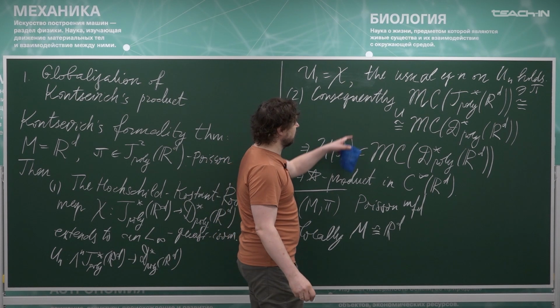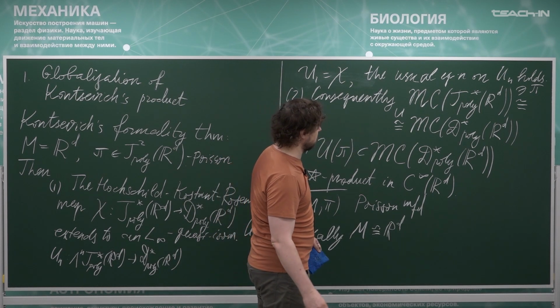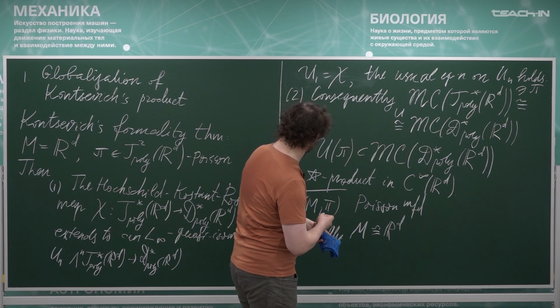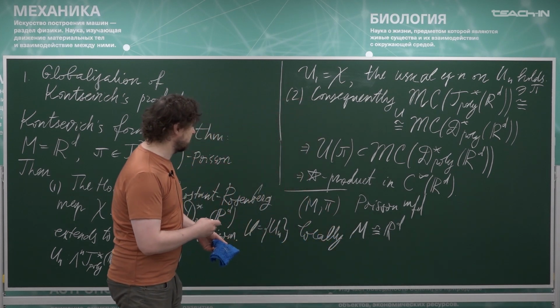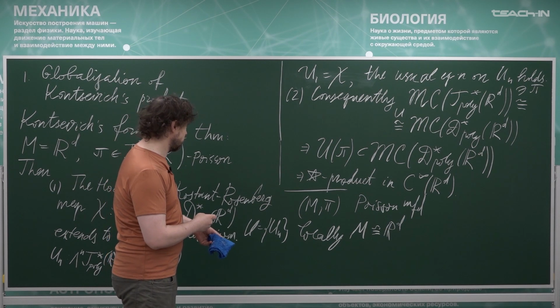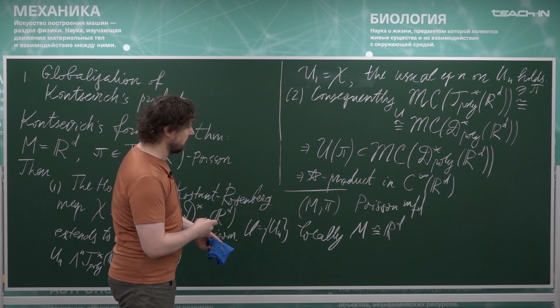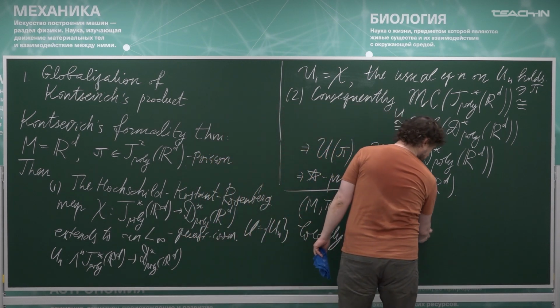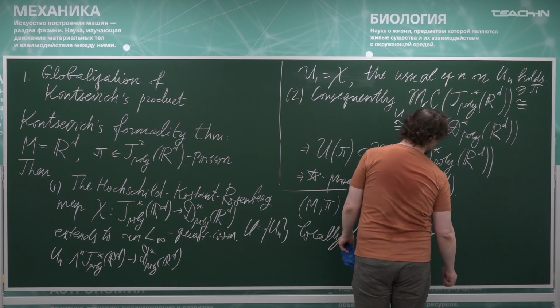So locally we always have the star product. So the first question which we should address is the globalization procedure, whether it is possible to go from a locally defined star product to a globally defined star product.